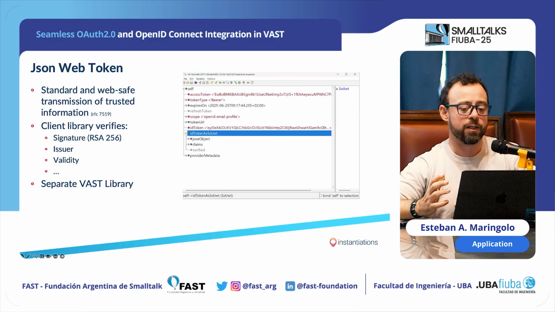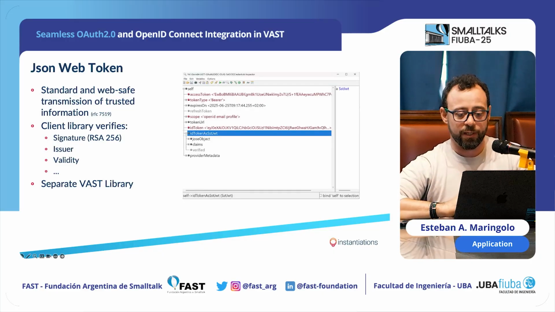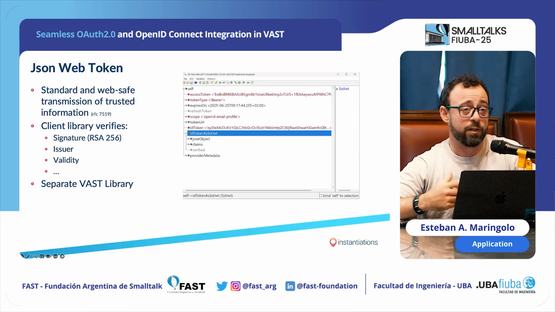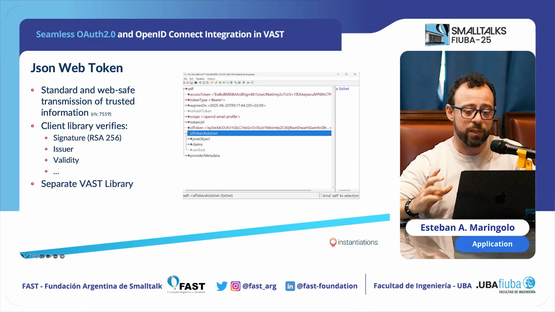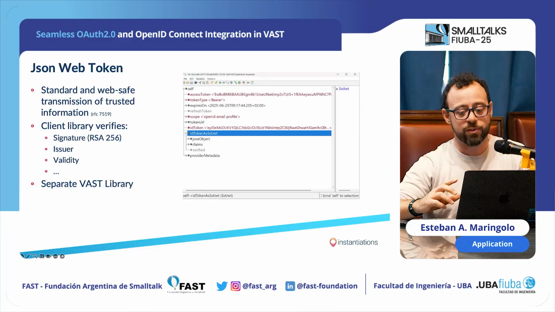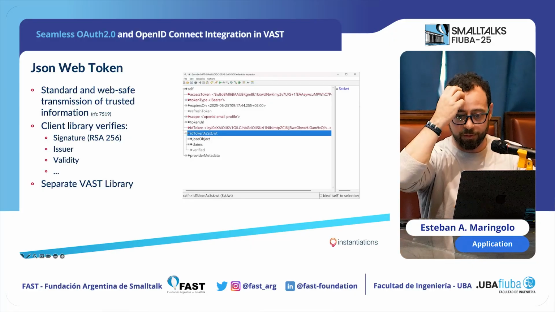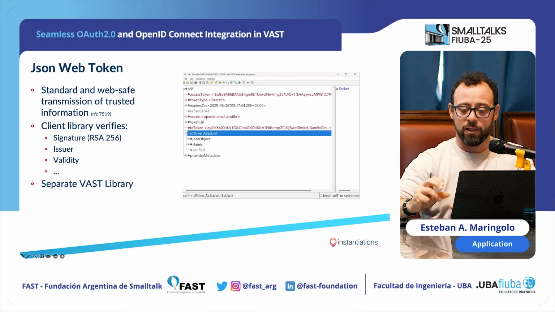And at the heart of OpenID Connect identity mechanism, as I mentioned, is a technology that many of us are familiar with, which is the JSON Web Tokens, and they are the foundation of OpenID Connect. JSON Web Token today is a standardized, web-safe way to transmit trusted information between parties, not just for this use, but for other stuff as well.